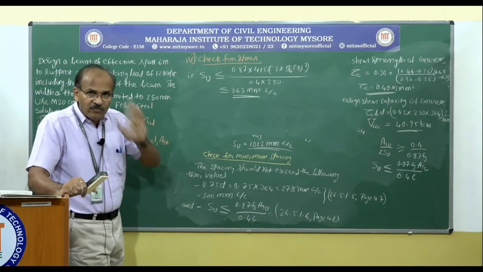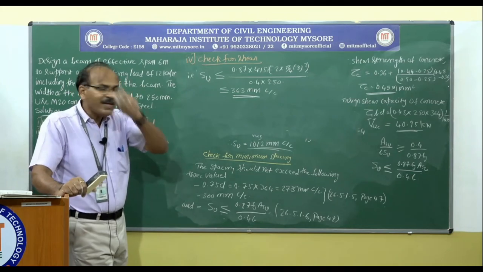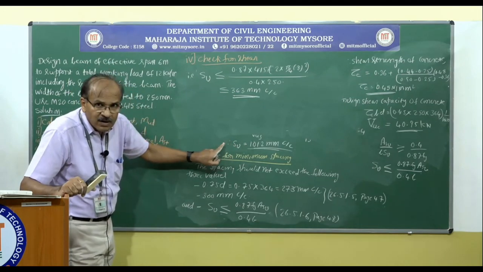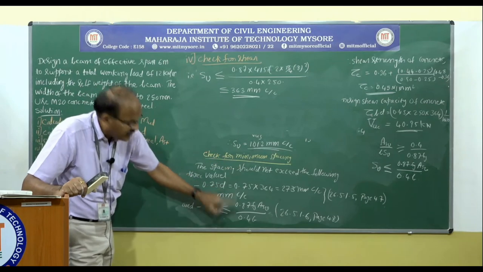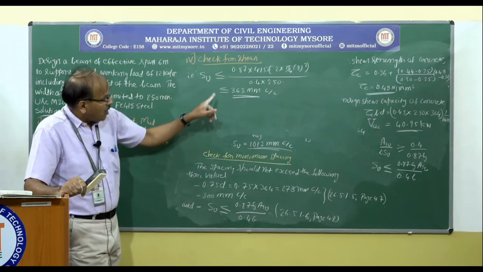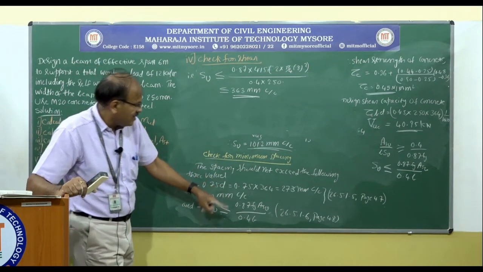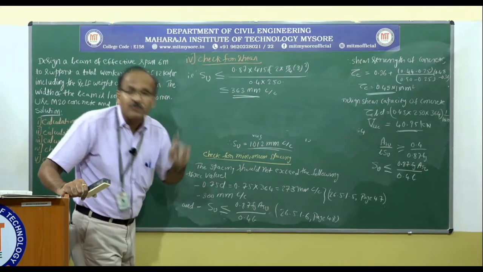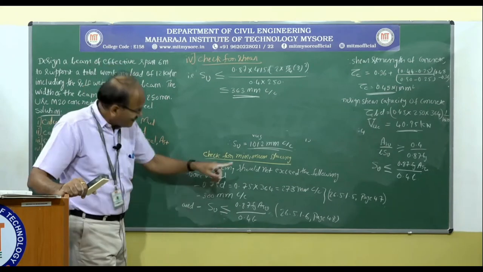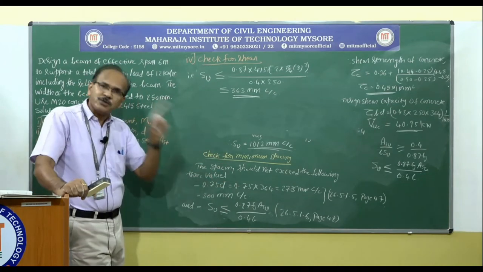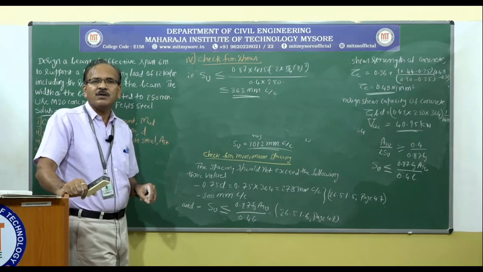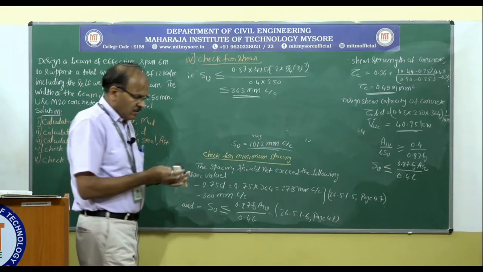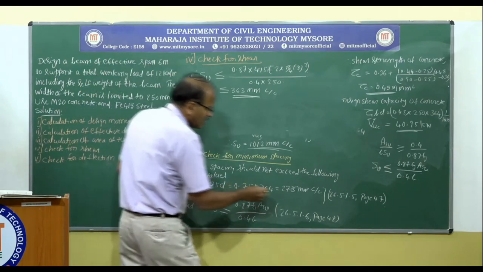So in general, what we have to do is we have to take the least of the four values, design spacing and these three values. So out of these four values, what is the least? 273 millimeter center to center is the least value. So that is the maximum spacing of stirrups we have to provide. Therefore, this controls.